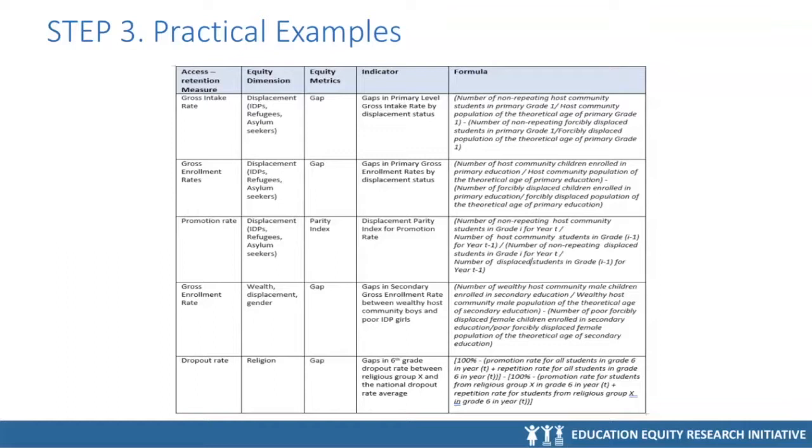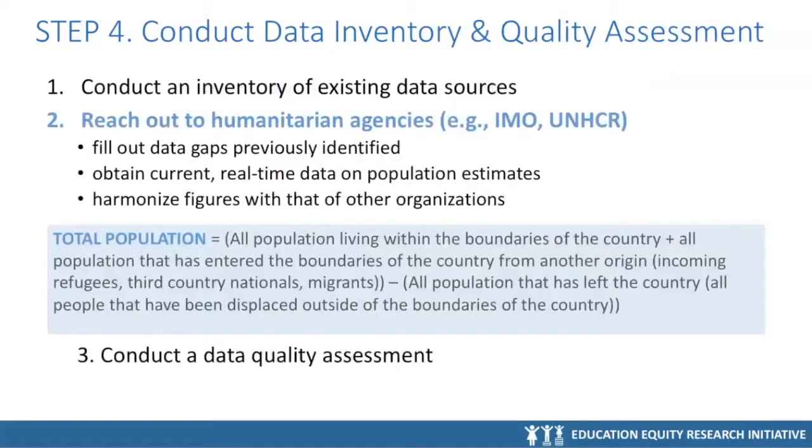In the document and here in this slide, I provide a snapshot of a table which provides illustrative indicators that can be formulated using this process, and that might be relevant for projects operating in crisis and conflict settings.